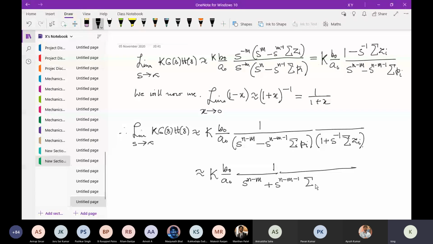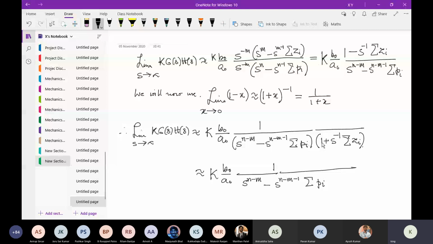summation of pi, sorry, yeah, so this is the first term, and then you'll have s to the power n minus m minus 1.